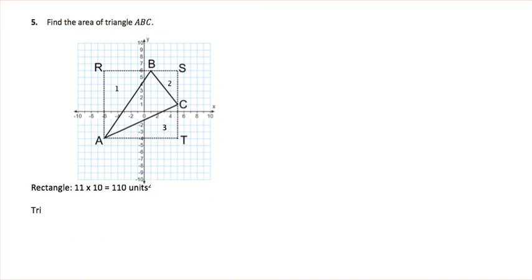And then triangle 1 is 1/2 times 7 times 10. And that is 35 square units.